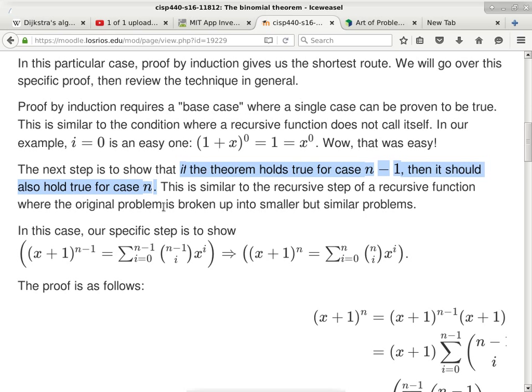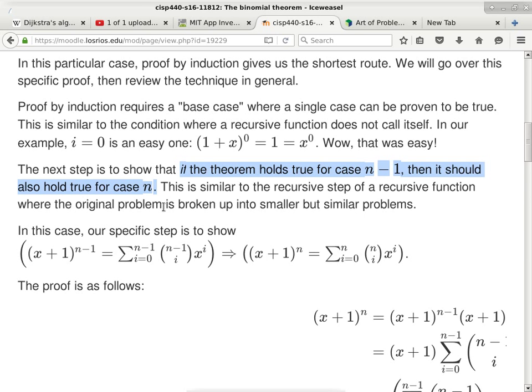The implication says that if this is true up to k, for some k, equal to k times k plus 1 divided by 2, then the following has to be true: this should equal k plus 1 times k plus 2, because it's k plus 1 plus 1, divided by 2. So the question is, can we go from here to here?